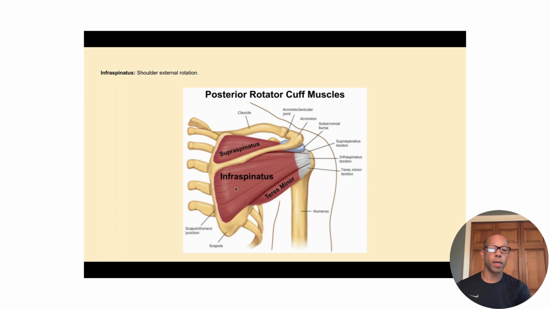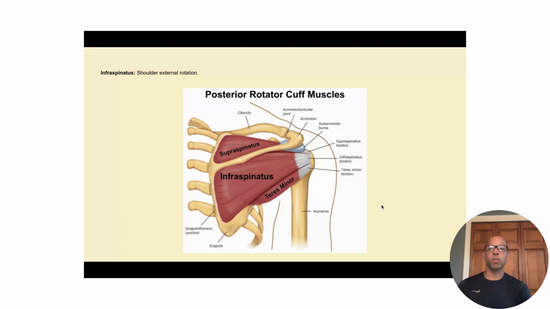So the infraspinatus is infra or below the spine of the scapula. This is the scapula. So it's right on the back, that big backbone there. Infra means below the spine of the scapula. So it's infraspinatus. Okay, it's a bigger one of the rotator cuff muscles.